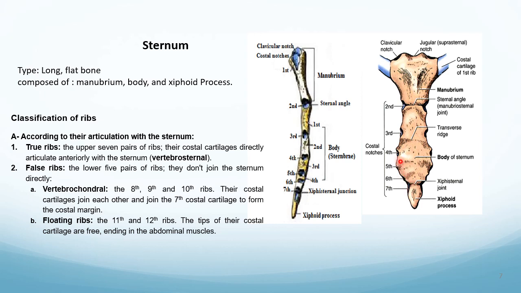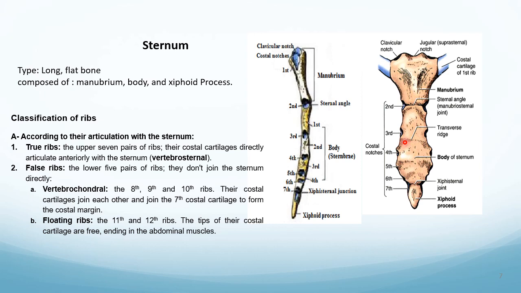According to the articulation with the costal cartilage, the ribs are classified into two types: true ribs and false ribs. True ribs are the ribs attached to the sternum, and they are 7, while the ribs not attached to the sternum are called false ribs.